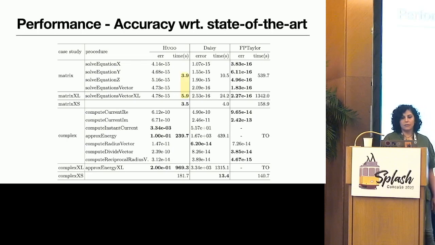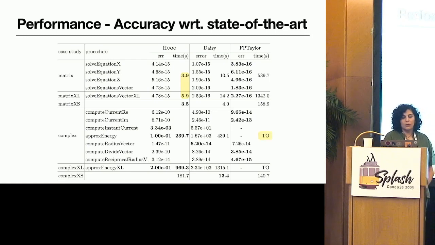Hugo is faster for all the case studies except the complex XS case study, and it's often significantly faster. And this is with computing errors that are often within the order of magnitude of the errors that DAISY and FBTailor generate.